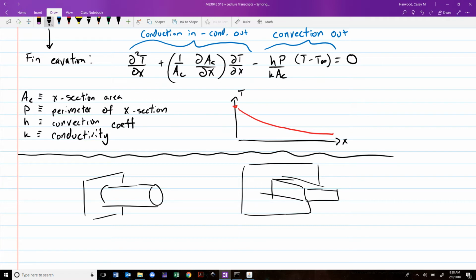The idea is that the cross-sectional area and the perimeter remain constant along the length of that fin, of that extended surface. So we can go ahead and say P is a constant, and A_c is also a constant along x, which again is defined along the length of that fin.